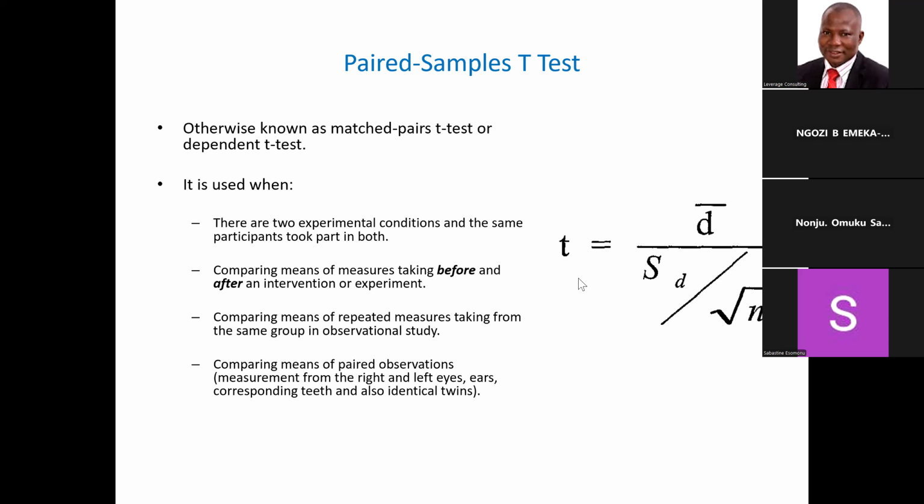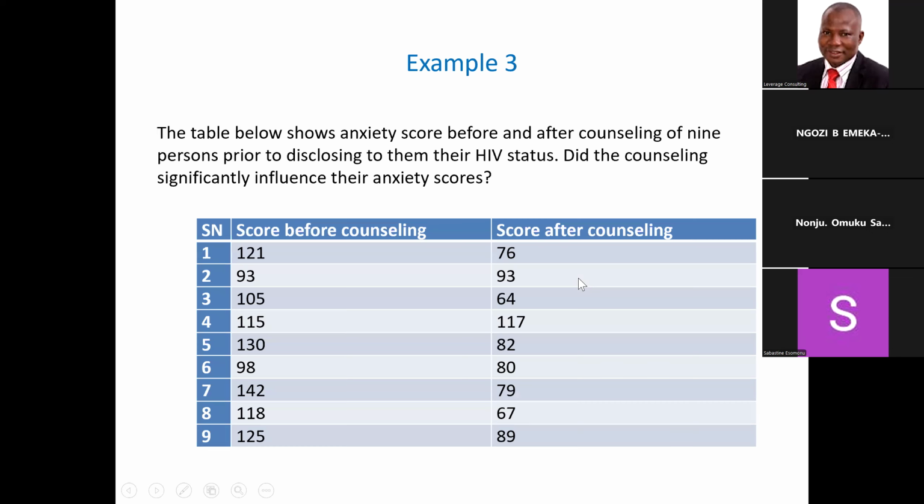So now look at an example. The table below shows anxiety scores before and after counseling of 9 persons prior to disclosing to them their HIV status. Did the counseling significantly influence their anxiety score? So you see, there are 9 people.